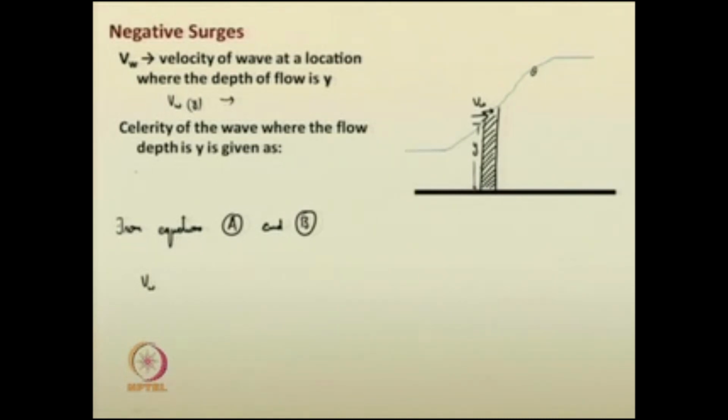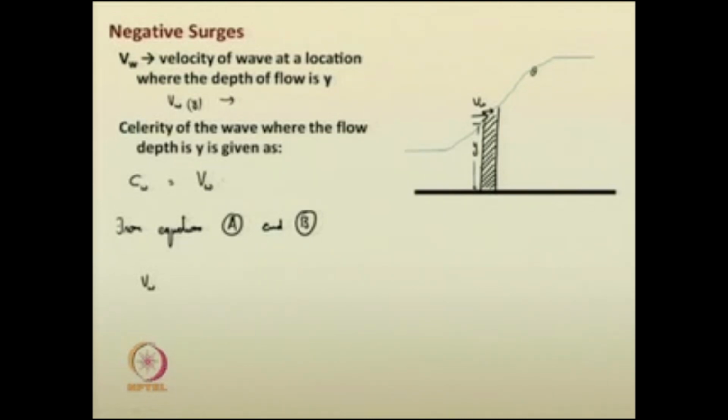Celerity of the wave C w was interpreted with respect to the moving frame of reference. That is the velocity of the wave with respect to the velocity of water. That is the meaning here.